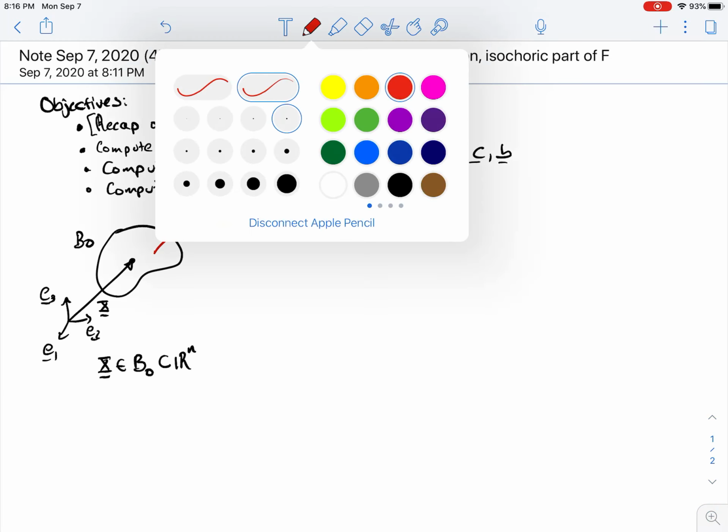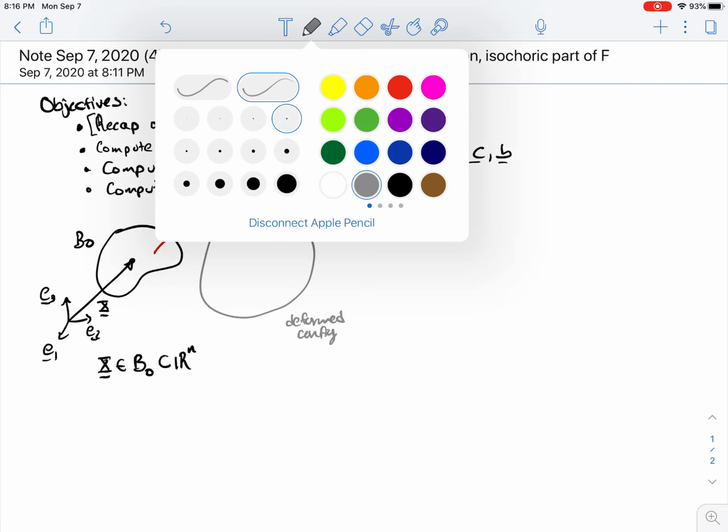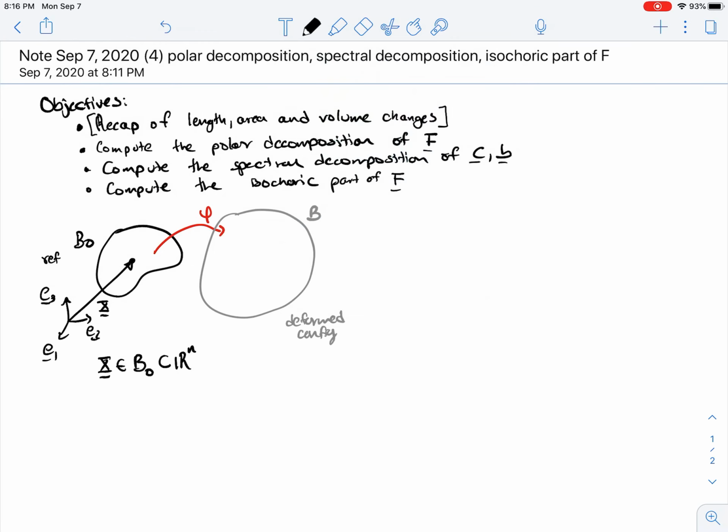So with the deformation, which we call a deformation map phi, we are defining a deformed configuration, and we call that usually B without the subscript. So this is called the deformed configuration as opposed to the reference configuration.